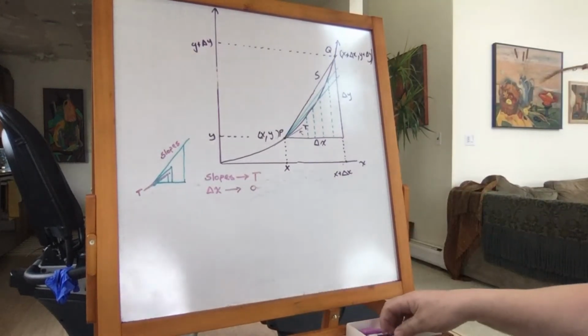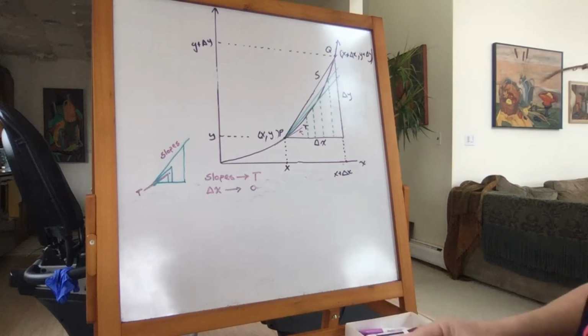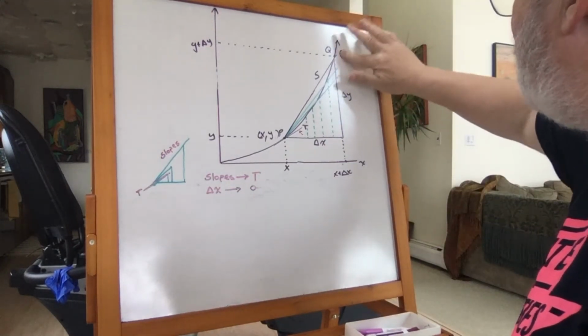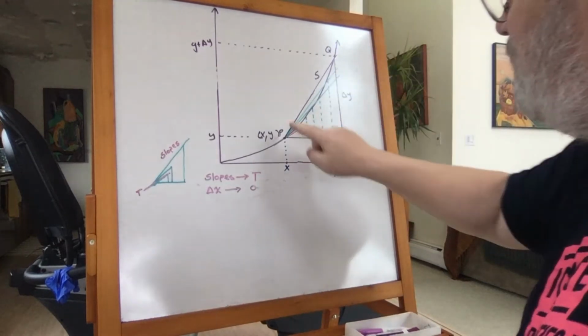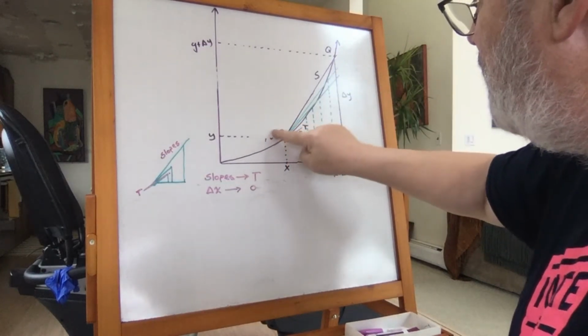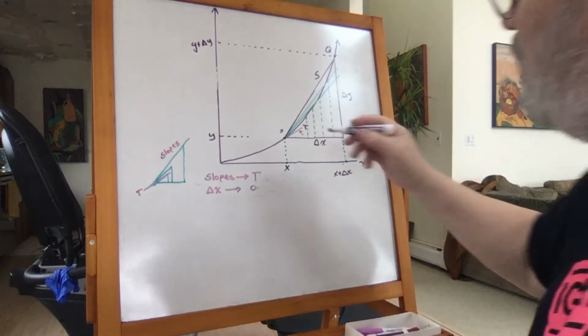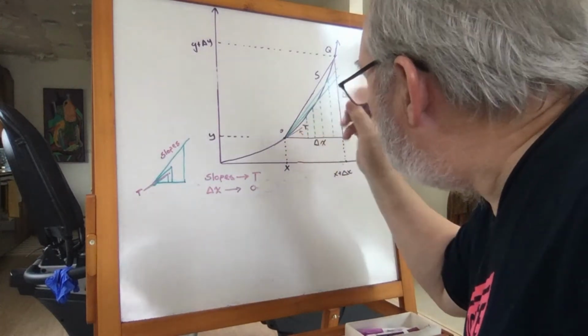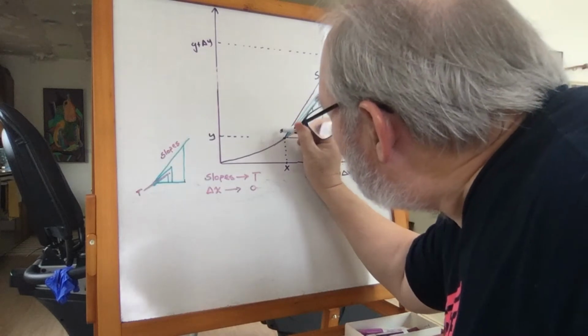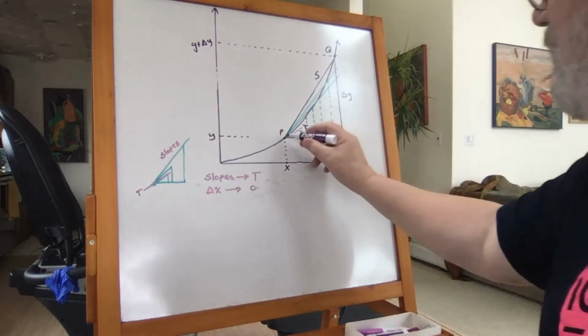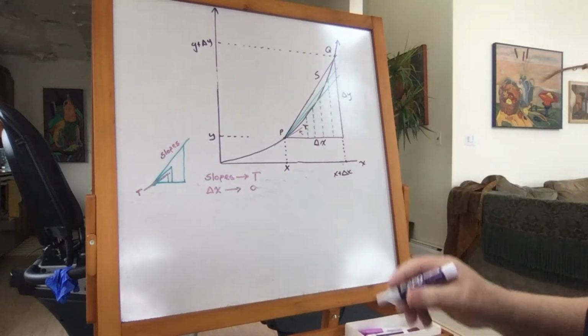What we're going to do is take a look at this. We have a point P, and we're looking at this curve.